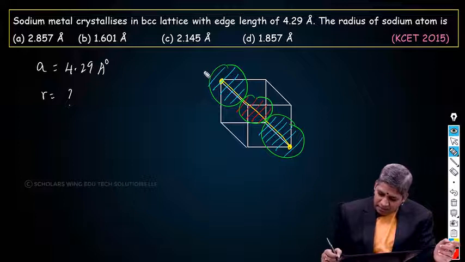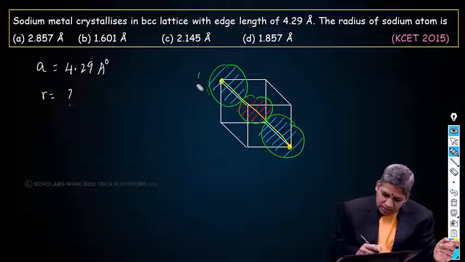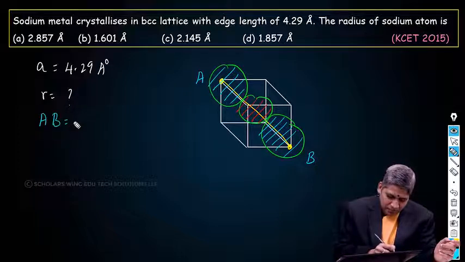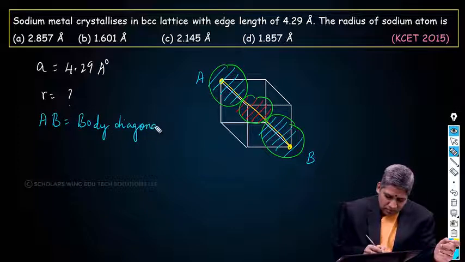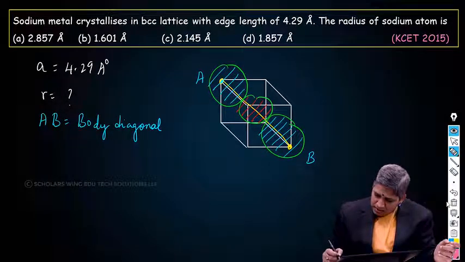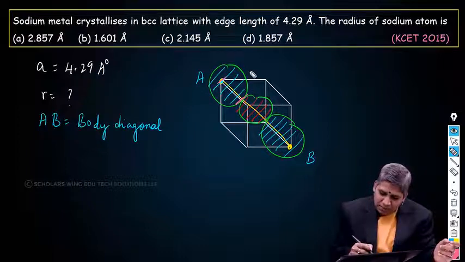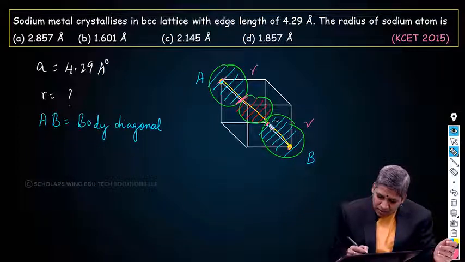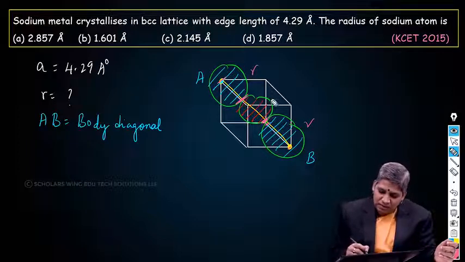Say this is A and this is B. So AB is the body diagonal. Try to recall, guys, from this point to this point represents the radius of this atom, and from this point to this point, the radius of the other atom. From here to here, it is the diameter of this body-centered atom, that is 2r. Therefore, r plus 2r plus r, we got 4r, if you remember.